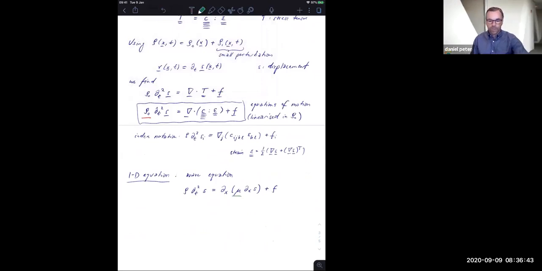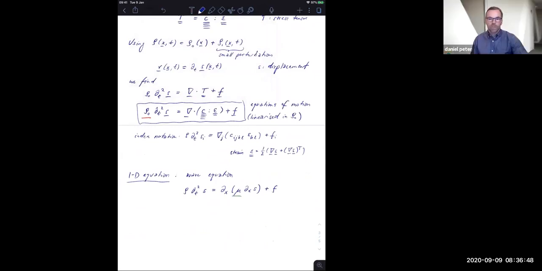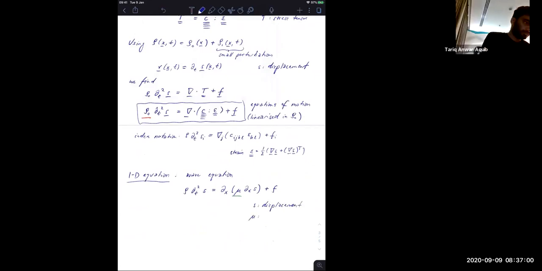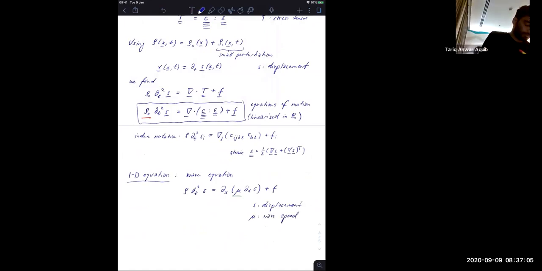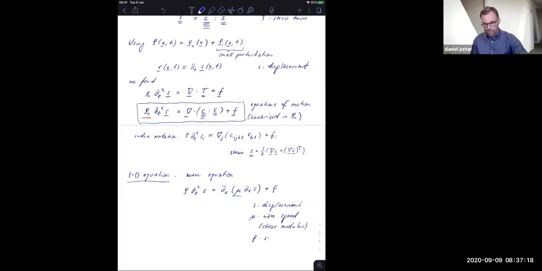Here we take mu, for example, which would be the shear modulus. So we have S as displacement. Sometimes we also use U for that, but let's use S here as displacement. Mu would be the shear modulus. Then we have a shear motion, and F would be the source.